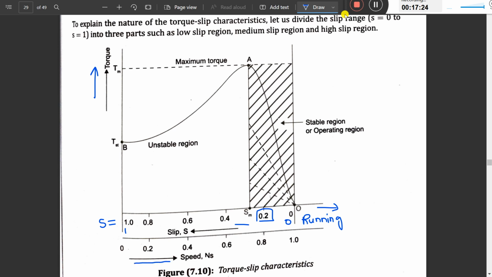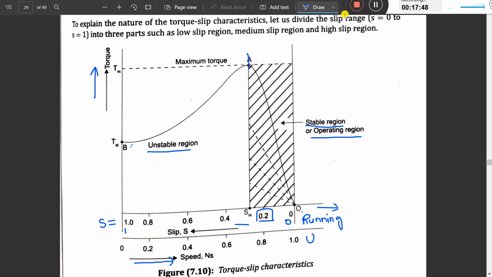If you observe the speed, here they have taken it in per unit values. The speed is increasing from 0 to 1 unit. In this graph, you can observe up to this region. So V2A we call the unstable region, and O2A we call the stable region, and it is also the operating region.